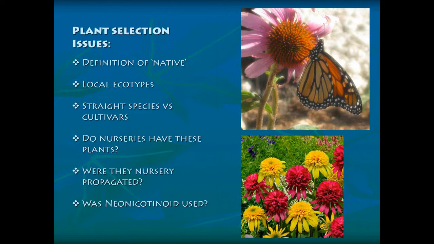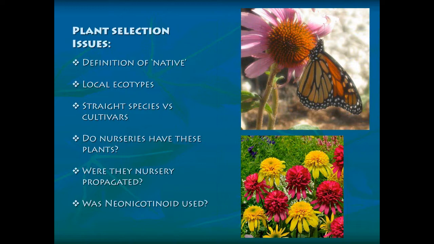Also, a lot of the nurseries, realizing that native plants are popular, have taken on breeding them for particular characteristics to make them more colorful or different forms. And so the straight species is what you would find in nature. The cultivars are plants that have been bred for specific characteristics that you would never find anywhere but in a garden. And that's illustrated by the two images that you see on the right there.